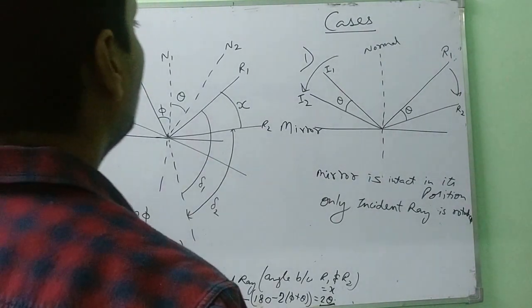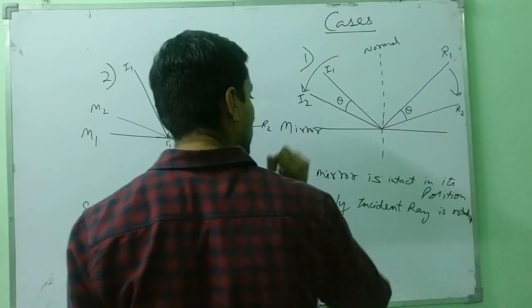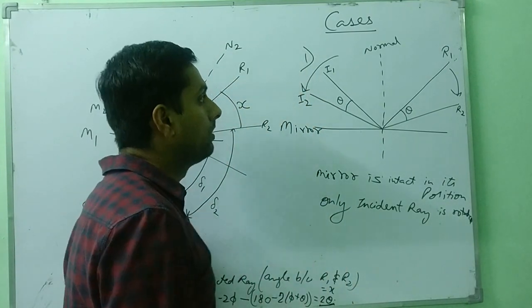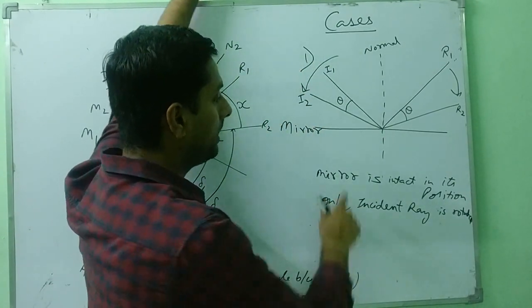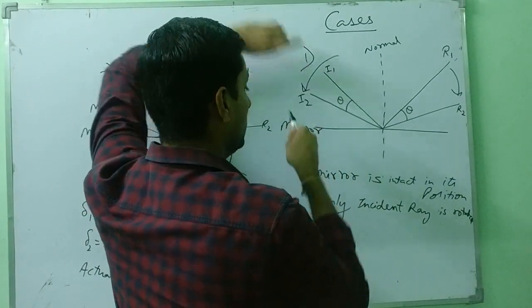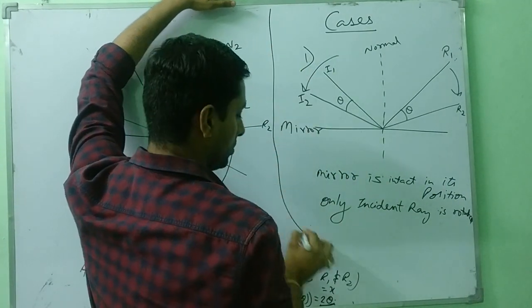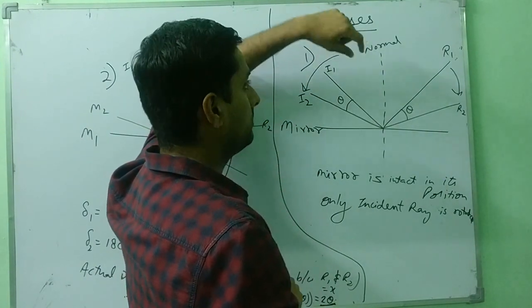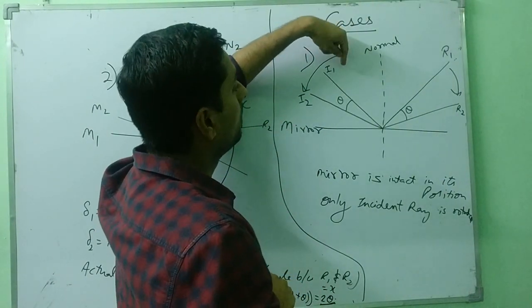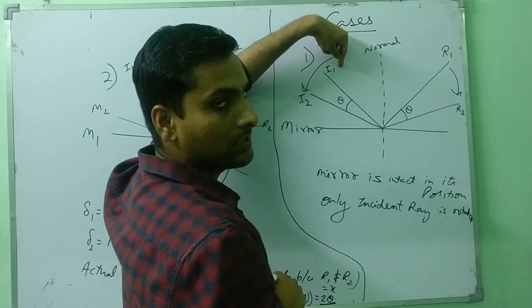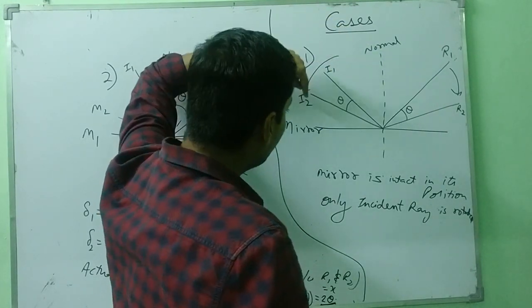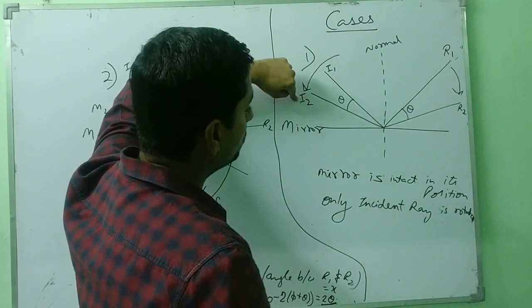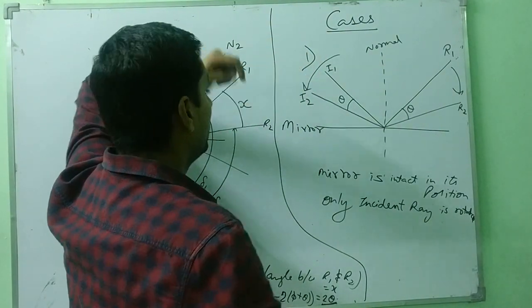Now we are talking about two cases of the deviation that can be produced by the mirror or the incident ray. The first case is that only the mirror remains in the same position. There is no change in the position of the mirror. The first case implies that only I1, the incident ray, is shifted by an angle theta in the anti-clockwise direction to another position called I2.